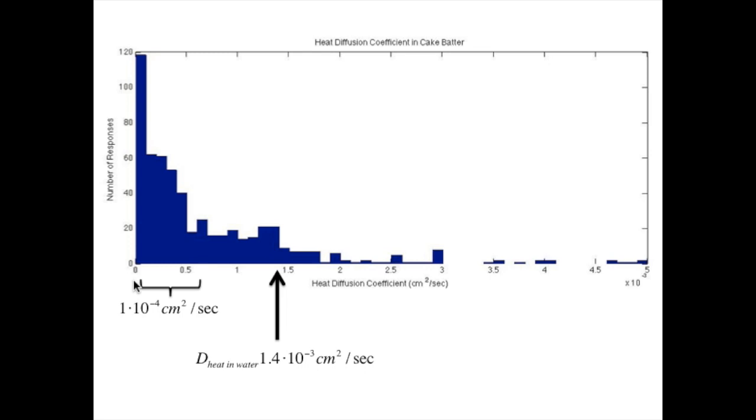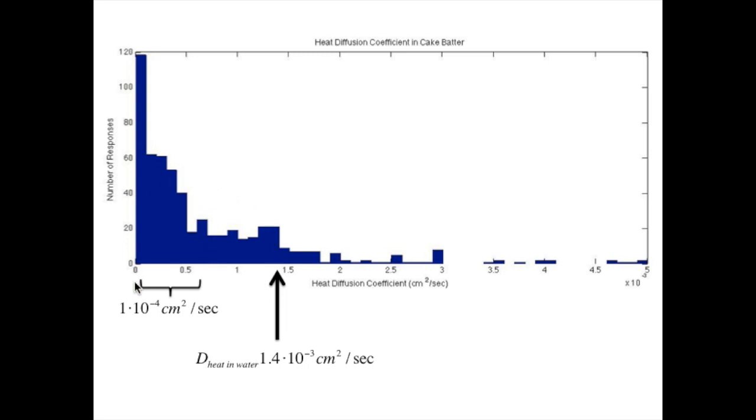As many of you noted, just as was the case in measuring diffusion of molecules in egg white, it wasn't always very clear exactly how to measure the diffusion of heat into the cake. And sometimes that line was kind of blurry.